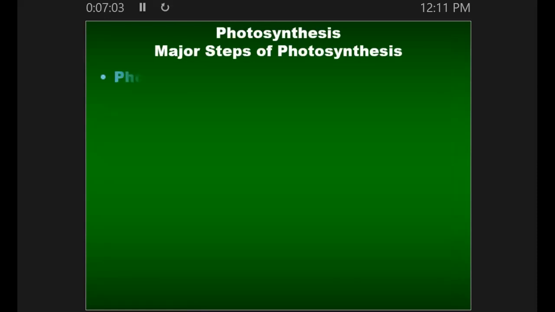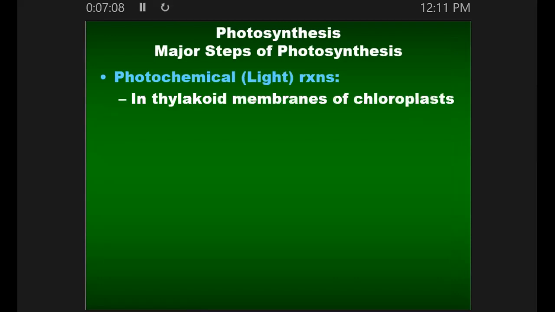So when we think about the light reactions, we're zooming in to the thylakoid. If you cracked open the chloroplast and looked inside, you would see that internal membrane floating around. And it's in the thylakoid that you have all that chlorophyll pigment embedded in it.